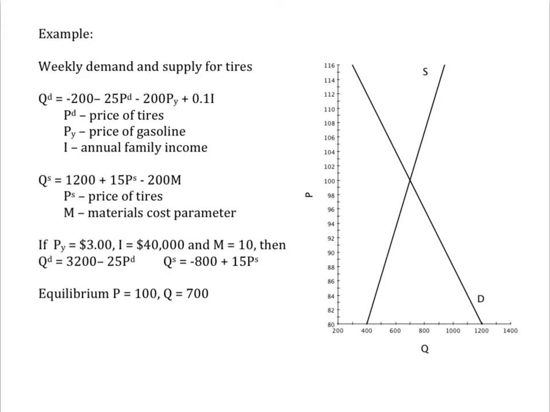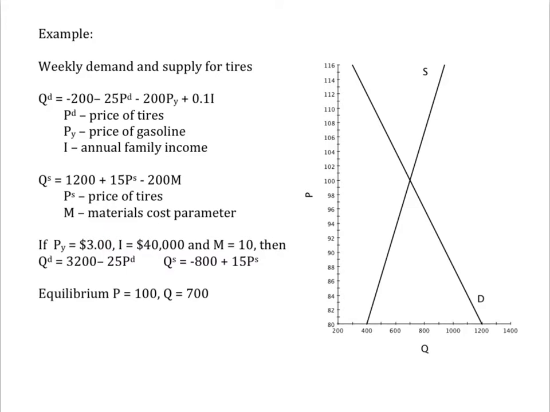Suppose the weekly demand and supply of tires is described by these linear functions, where the price of tires, price of gasoline, and annual family income are the measurable determinants of the quantity demanded, and the price of tires and a cost parameter reflecting changes in materials costs are the two major variables in determining supply.